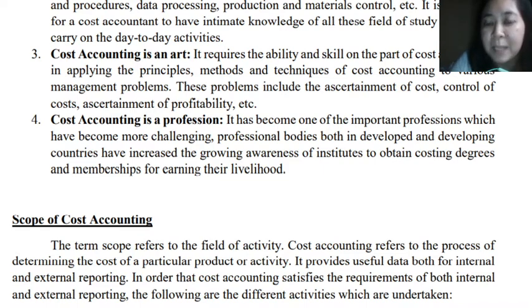In the Philippines, if you are a CPA, you can become a cost accountant. Basically, business entities prefer CPAs with experience to become their cost accountants.